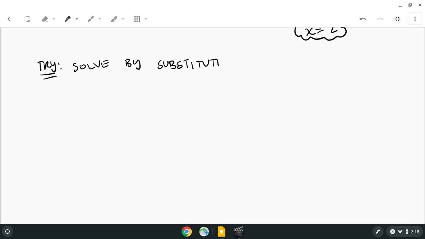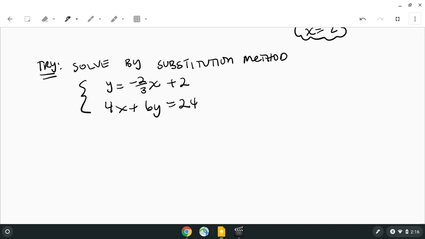Okay, so let's go ahead and try this one. Solve by substitution method. Suppose you have this for your system: y equals negative 2/3 x plus 2, and 4x plus 6y equals 24.